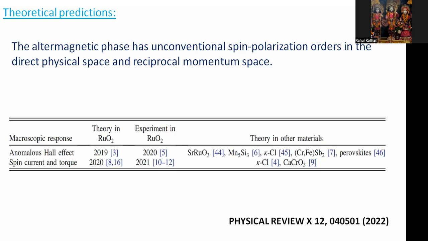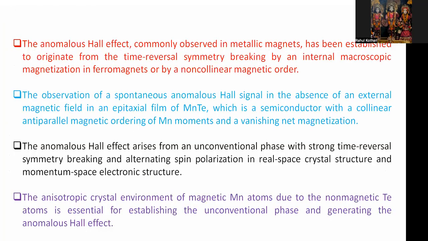And coming back to here, why did I choose this topic to present? Because in January 2023, one PRL came out on a material called MnTe, manganese and tellurium. This is metallic, and as per the crystal structure and the band structure, the material should not have displayed any sort of Hall effect.